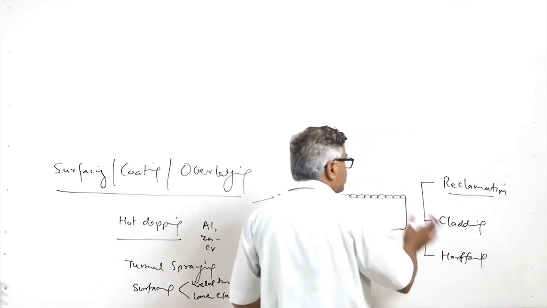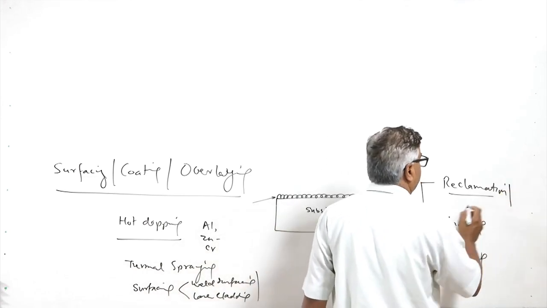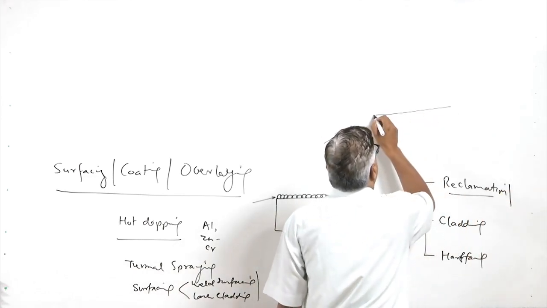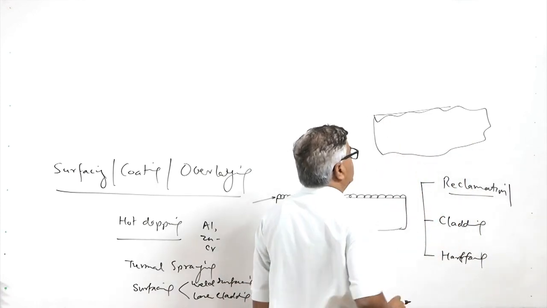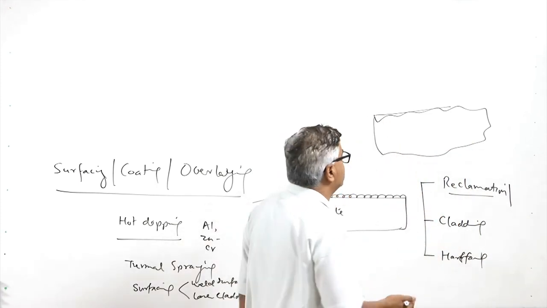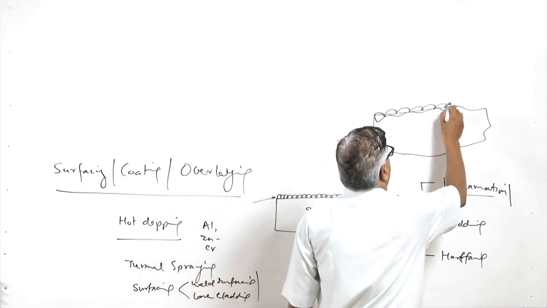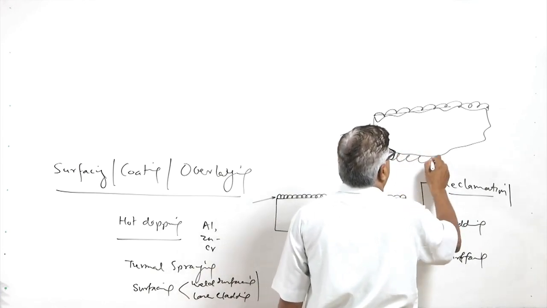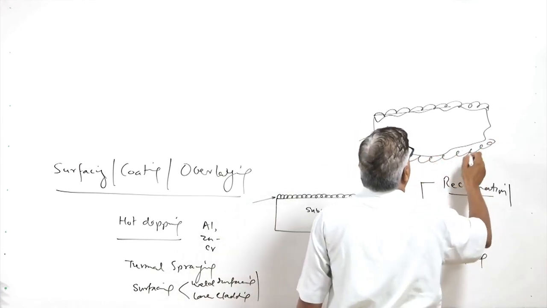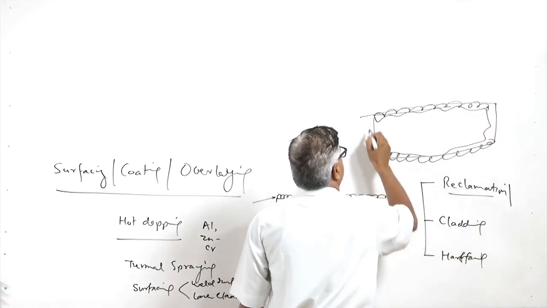As per the kind of function, reclamation is one where, say, the component after a long service has worn out, so it has lost its dimensions. So, the material is deposited on the worn out component so that additional material is applied on the surface, and thereafter it is machined to get the desired final size of the component.